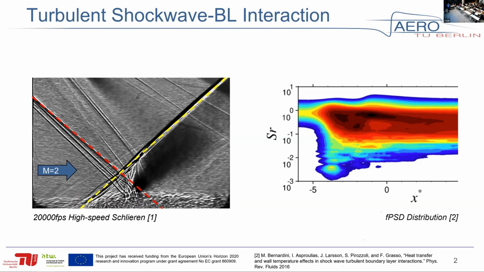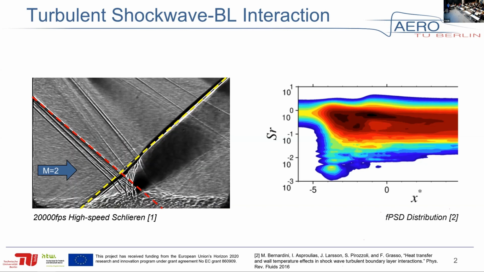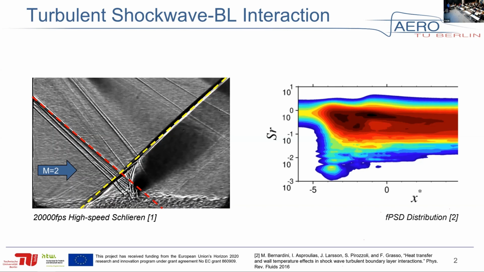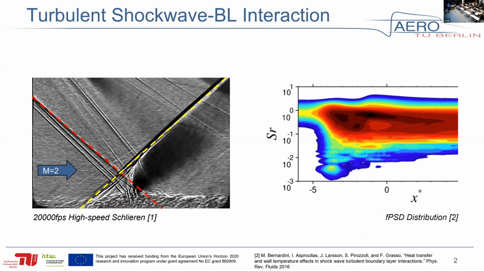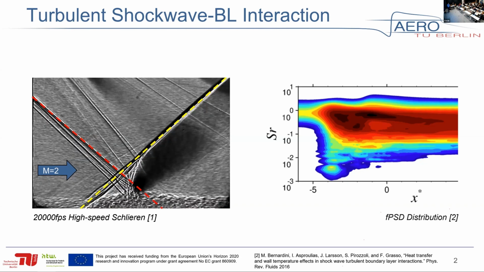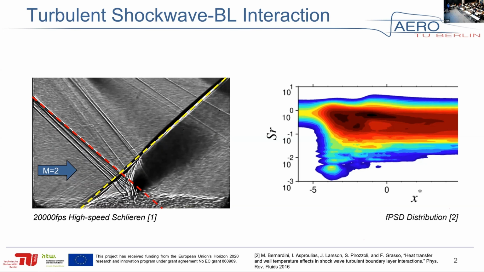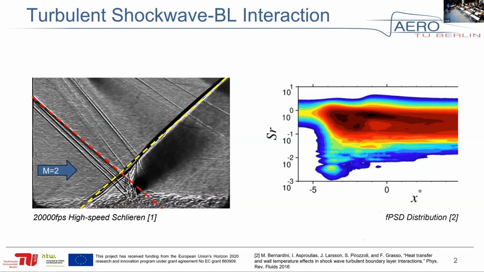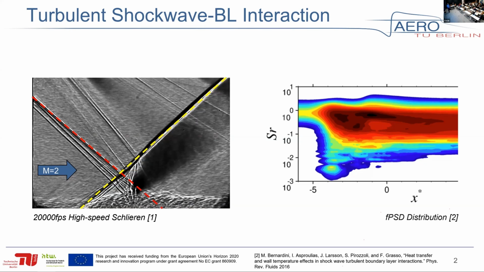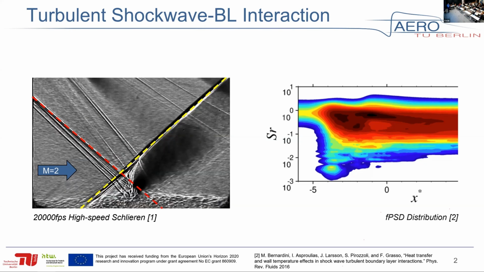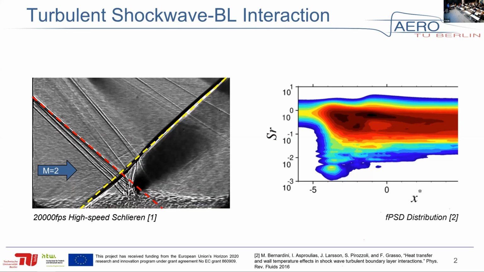We go from Strouhal number 0.02 to 0.04 for the low frequency unsteadiness that is created by the shock foot. And then we go to the higher Strouhal numbers from the incoming boundary layer, then the separation region and the attachment region.